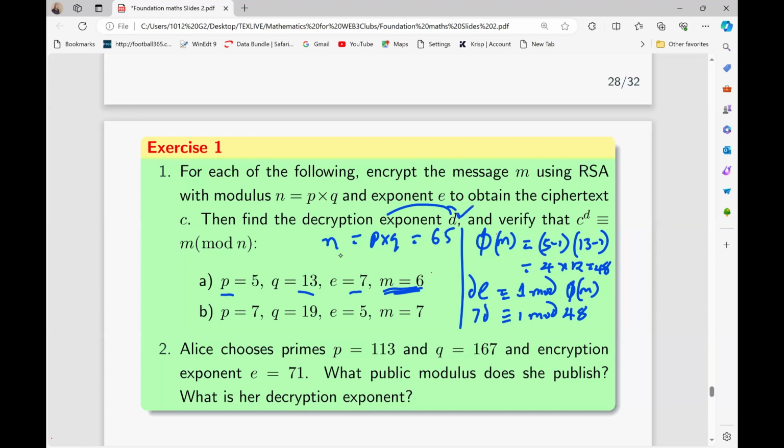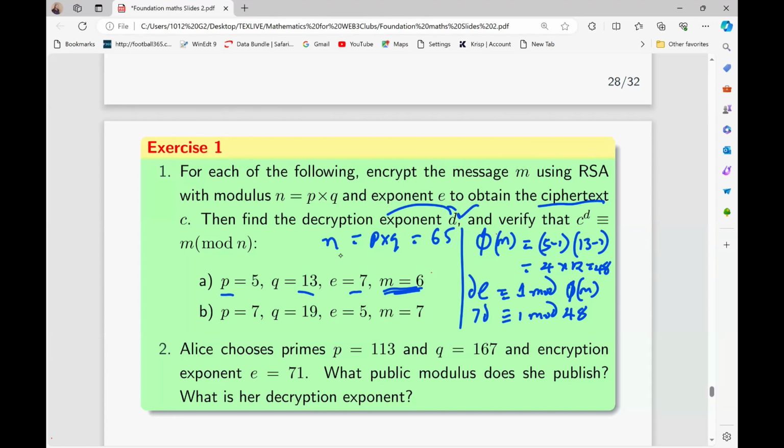Find D. After finding D, you've been told, now verify. Oh, we've not encrypted. The question says, using the RSA with the modulus N and exponent E, to obtain the ciphertext. So we need to get the ciphertext. But you've already gotten the D here. Now the ciphertext, how do you get it?